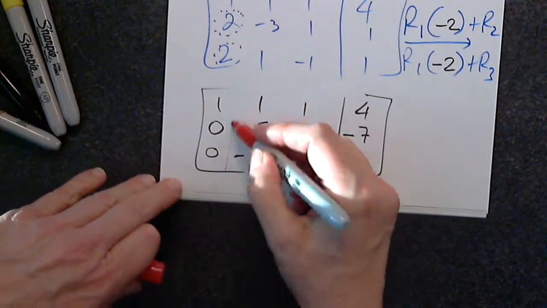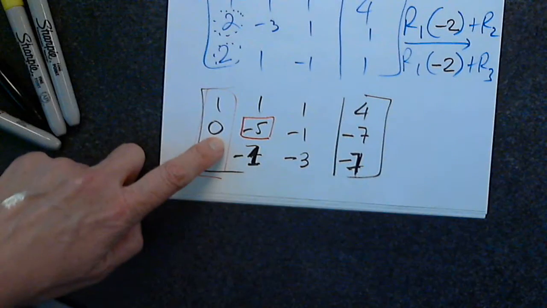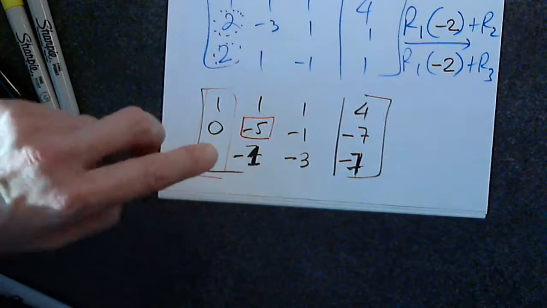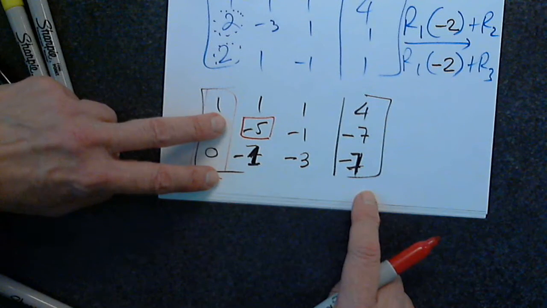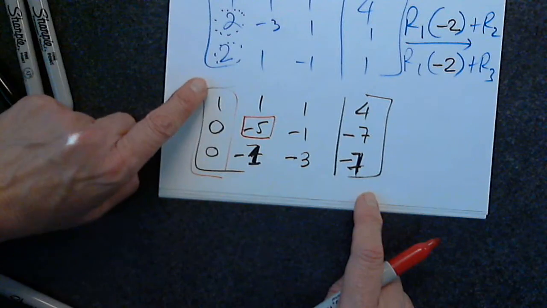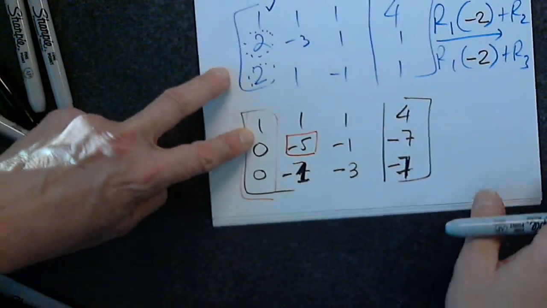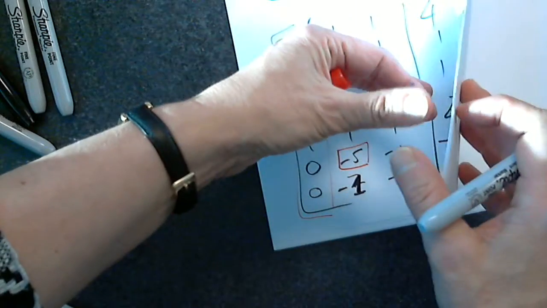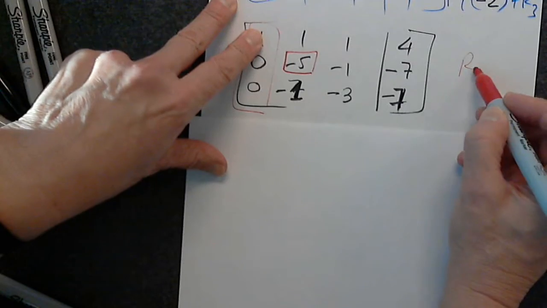So we accomplished all this, but now I need right in the middle a 1. And I will first divide row 3 by negative 1 and then swap the rows. I can now no longer swap with the first row because this 1 will be destroyed. So I will divide row 3 by negative 1.